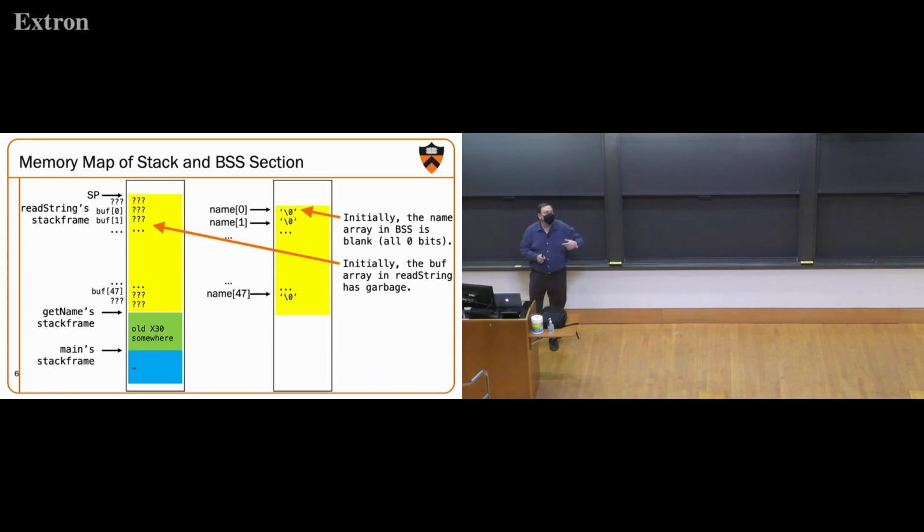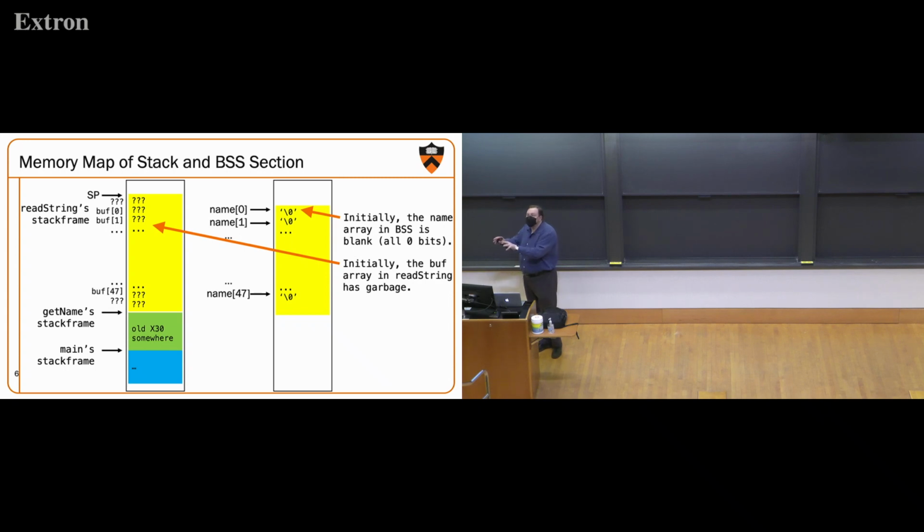Above that, we have this function called getName, its stack frame. And then eventually above that, we have readString's stack frame. There's some stuff in that stack frame, various local variables, including space allocated for this buffer. Remember that buff within readString is a local variable, therefore it is allocated on the stack.